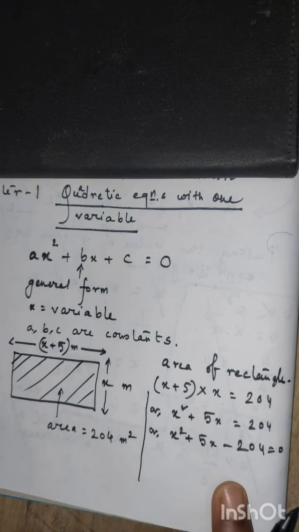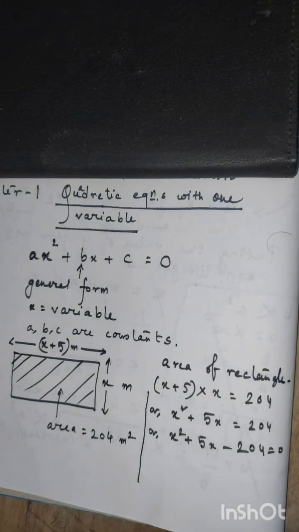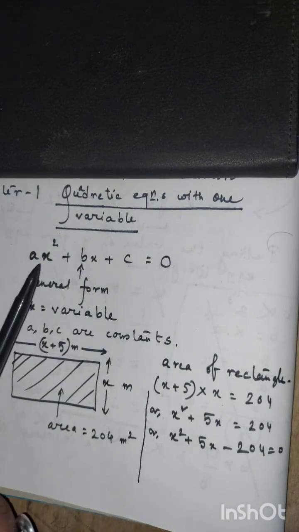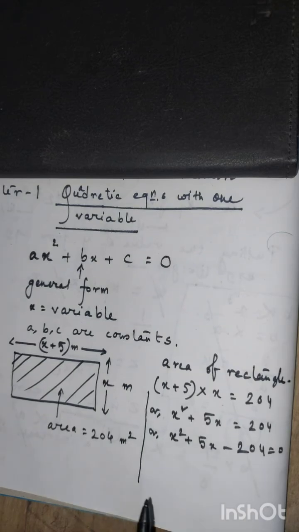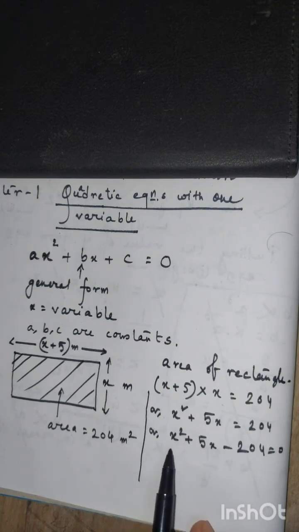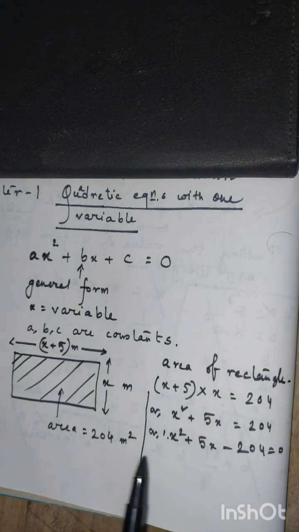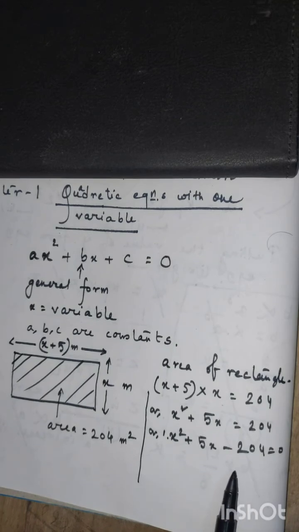So this is our quadratic equation, which looks like ax square plus bx plus c. We can compare it with our general form. Here there is no coefficient, so we can say the coefficient is 1. So a equal to 1, b equal to 5, and c equal to minus 204.